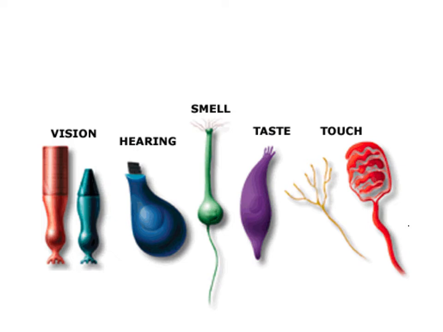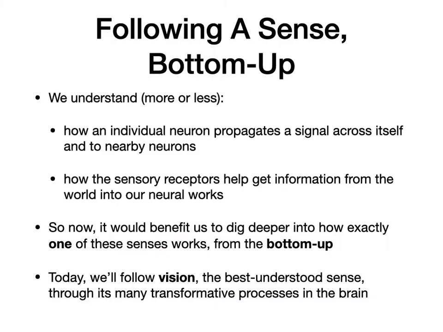That's pretty cool. So, again, now our goal is to follow one of these senses, and we're going to go from the bottom up. So we understand how an individual neuron can propagate a signal and how it can communicate to other nearby neurons. And we also kind of understand how these sensory receptors can get information from the outside world into our neural system.